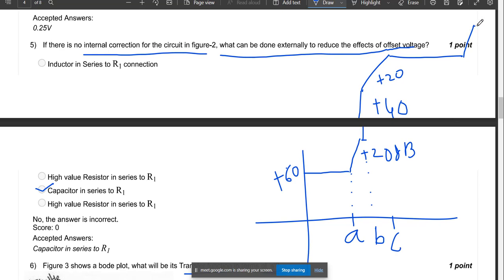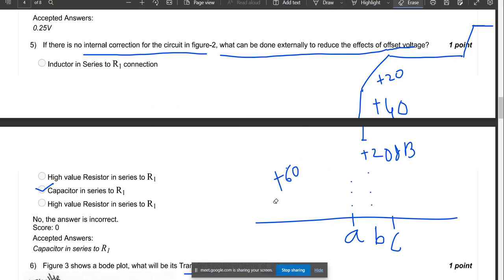Again a pole is added, it goes down. If a zero is added, it goes like this; if a pole is added, it goes like this. Again a pole, the slope will be minus 40. Again a pole, the slope will be minus 60. Got it? So this is the trick.